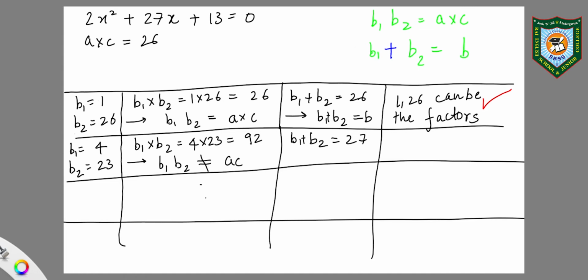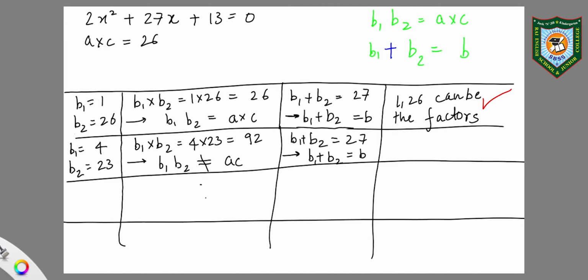Oh, here I had plus. This implies b1 plus b2 is equal to b. This value here is 27 and this is b1 plus b2. If you have written this down in your copies, make sure you make the correction. This is b1 plus b2.